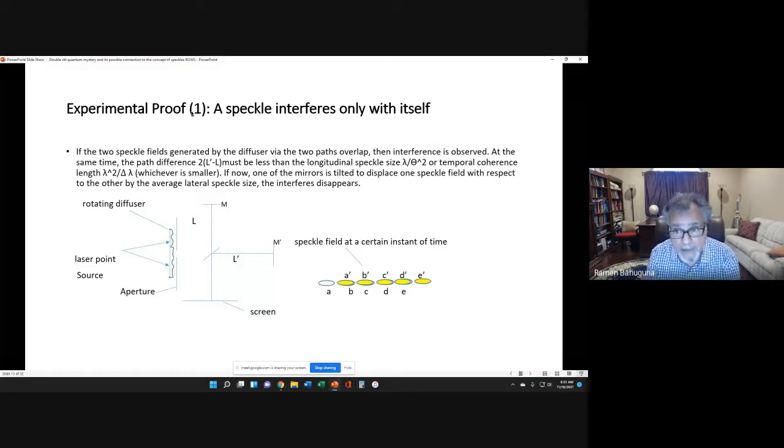So if the longitudinal speckle size is smaller than the coherence length, the path difference must be less than that. If the coherence length is less than the longitudinal speckle size, the path difference must be less than the coherence length. So the path difference should be smaller than the smaller of the two. It's very important, otherwise you can't get interference.